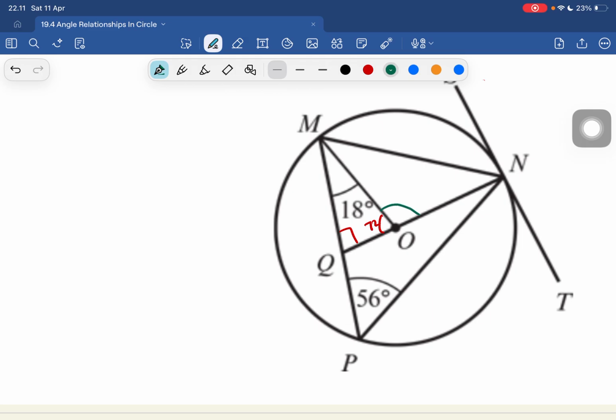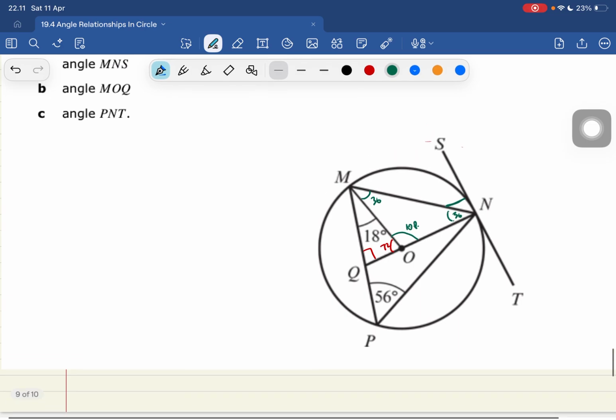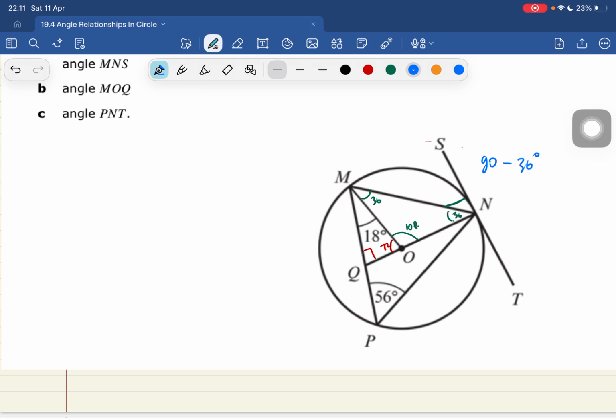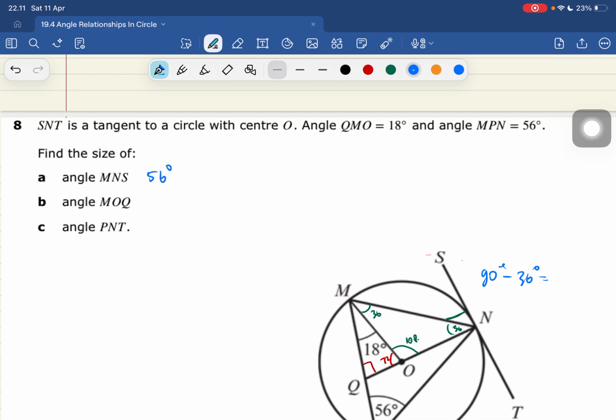If this is 72, then 180 minus 72 is 108, as they are isosceles. So 108, then 180 minus 108, divide by 2, so here is 36 and 36. As this is tangent, we can just find it by 90 right angle minus 36 degree. So we got the angle of 56 degree.